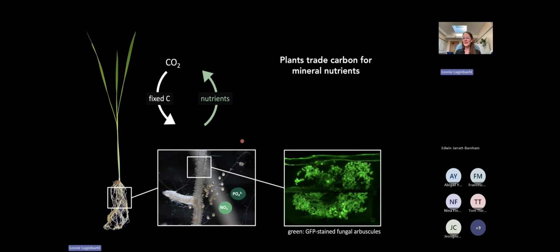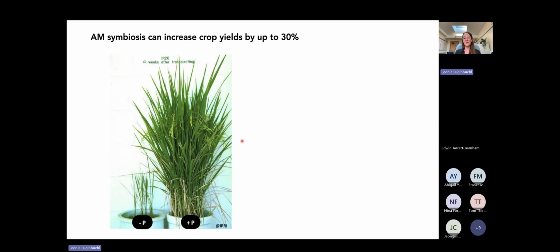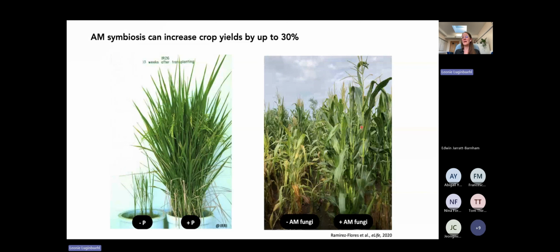And I've mentioned that carbon fixation is really important for crop yield, but of course we know that nutrient uptake also is extremely important. Here we can see rice plants that are grown with phosphate and without phosphate, and we can see a huge difference. And in fact, this arbuscular mycorrhizal symbiosis can actually improve crop yields by up to 30% by increasing nutrient uptake.